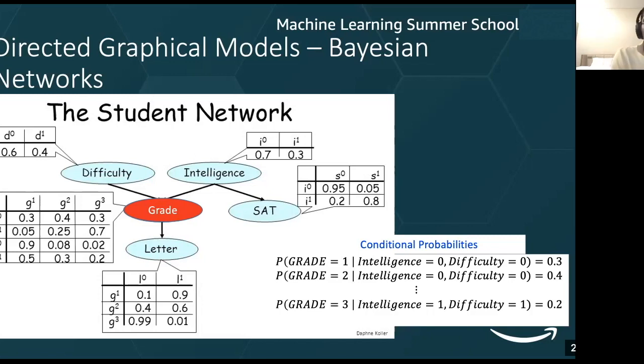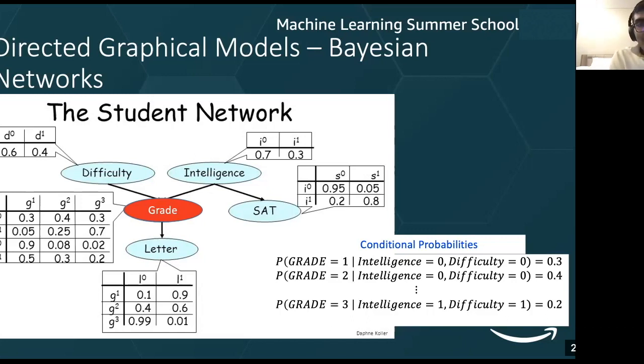In a similar fashion, you can take another example wherein you ask, what is the probability that the student gets a poor grade when the test is difficult, as well as the student is not intelligent? If you look at this table, you will find the corresponding value to be 0.05. And this makes a lot of sense because if a test is difficult as well as the student is not intelligent, then you would expect this value to be fairly small.